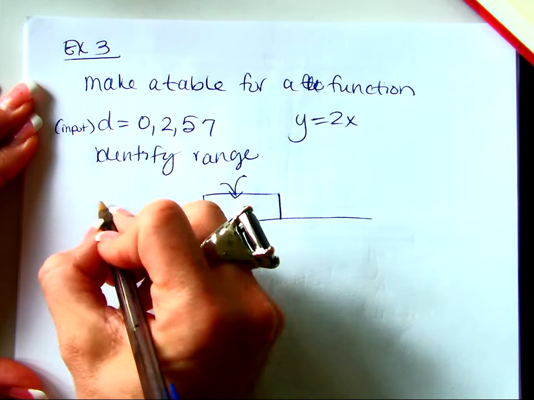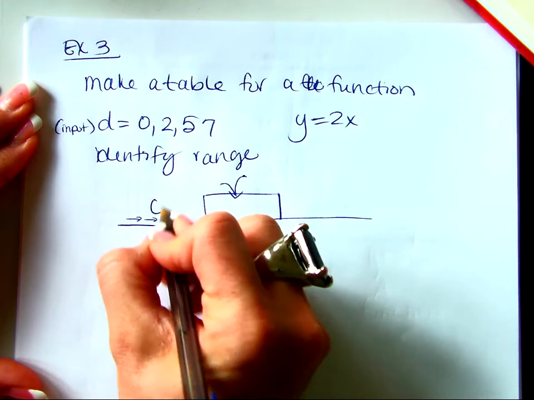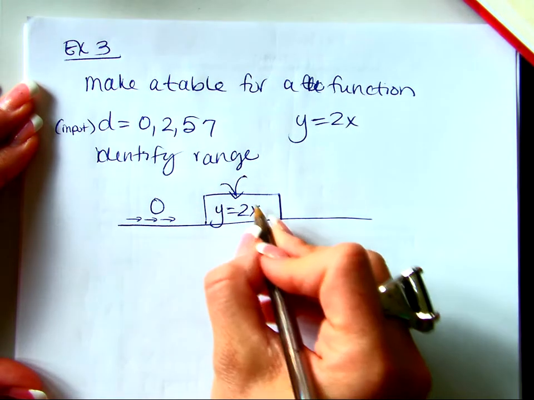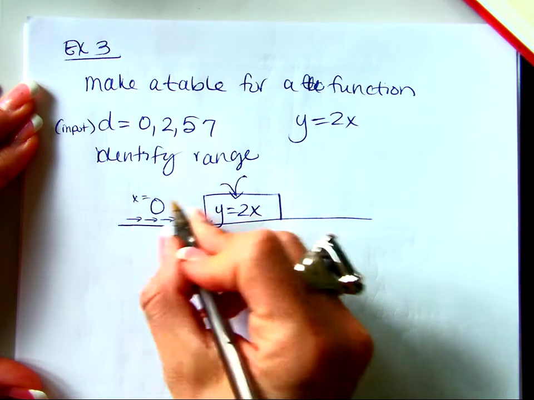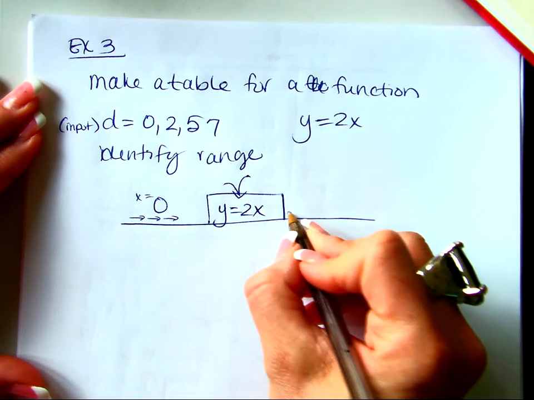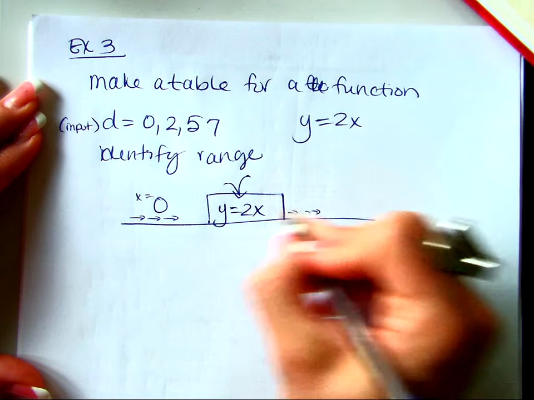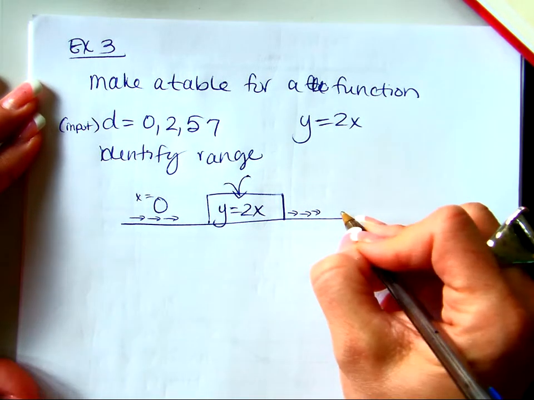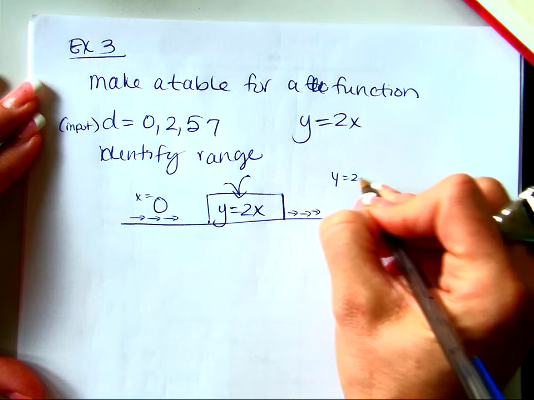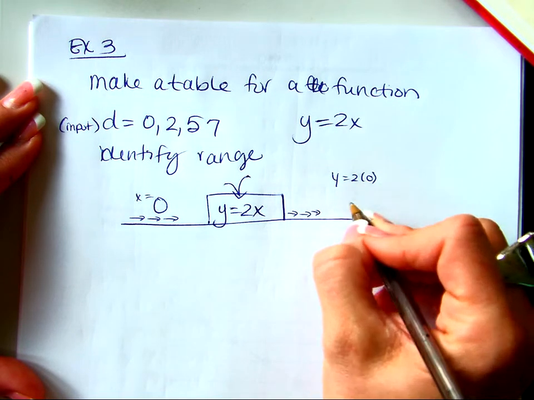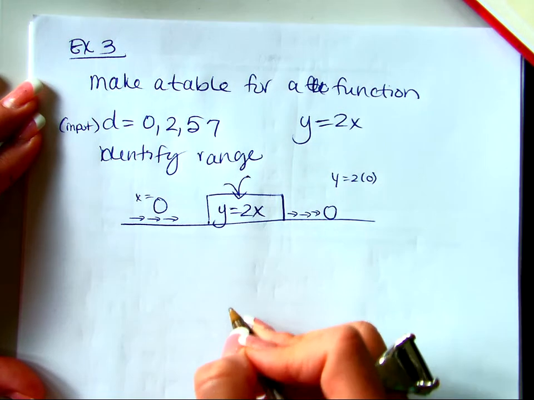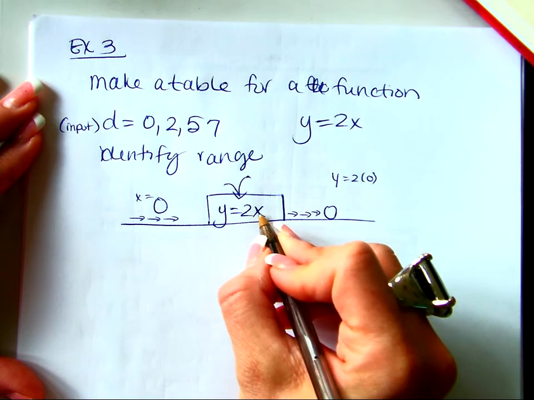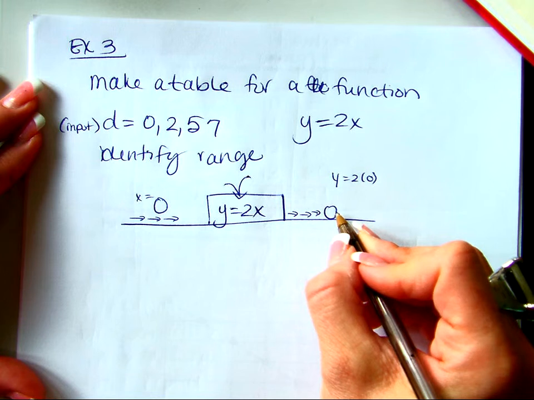If I input one of these x values and it goes inside of this little machine, when this 0 gets in here, which is x, it gets multiplied by the 2, and the output is the resulting y value from what you get after that 0 has been substituted in. So you really are doing 2 times 0, so your y value is going to be 0 as well. If we input a 2, y is going to equal 2 times 2, your output would be 4.